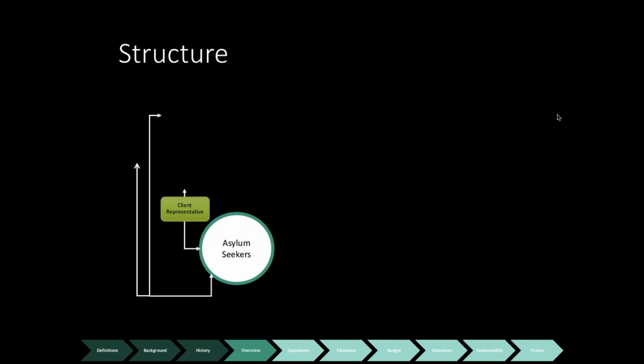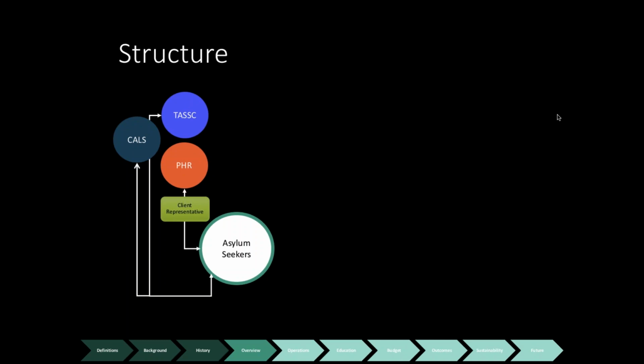As far as the structure of the program itself, it all starts and ends with the asylum seeker. Throughout the process of entering the United States, an asylum seeker is typically connected with some representation via several different means, and then eventually with groups such as Physicians for Human Rights, or TASC, which is a local coalition here in the area, and CALS, which is associated with the Georgetown Law School.